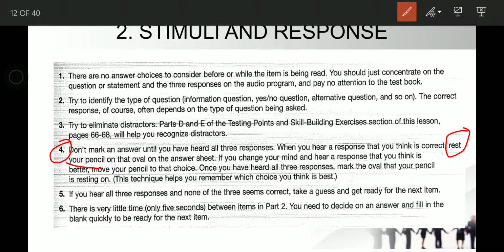It means you just give a kind of sign, but you cannot mark it. Just give the sign with the pencil, for example, A, B, C. Okay, option A is probably correct. So you just stay on A until all three options have been read. If there is no more correct answer, just mark A as the correct answer. Okay.